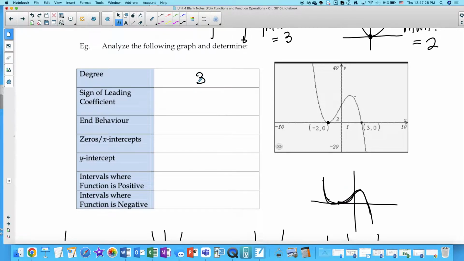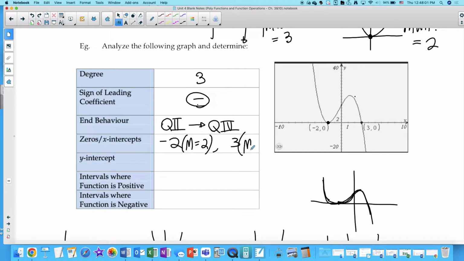Okay? What's the sign of the leading coefficient? Negative. Yes, because the end behavior is Q2 to Q4. Right? And here we can write that down. Q2 to Q4. Okay? The x-intercepts are the zeros. So there's a 0 at x equals -2 and at 3. And here, the multiplicity equals 2.